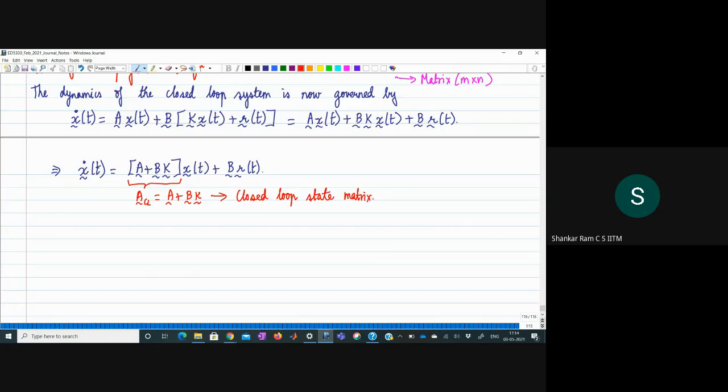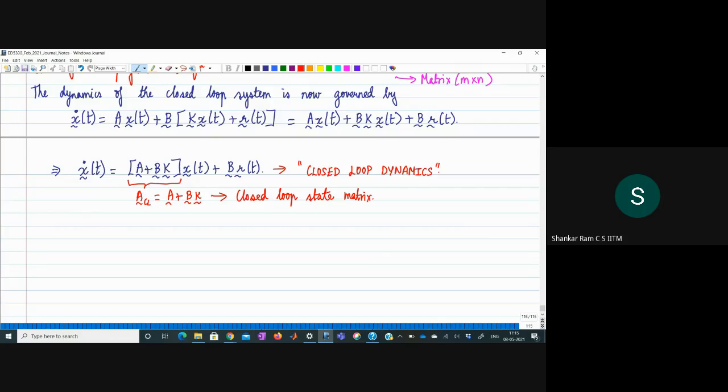Okay, and this equation characterizes what is called the closed loop dynamics. So in full state feedback design using state space methods, when someone talks about closed loop dynamics, they are essentially talking about this equation. x dot equals A plus BK x plus B r.